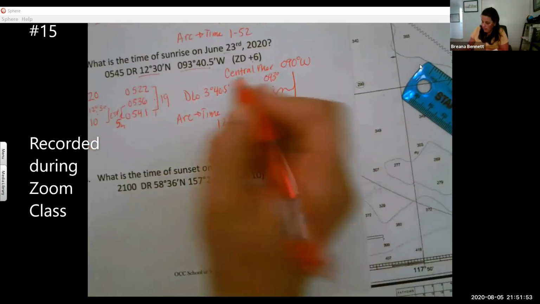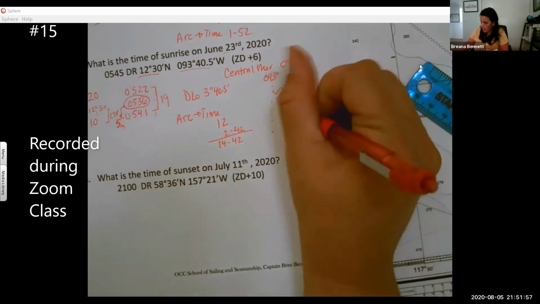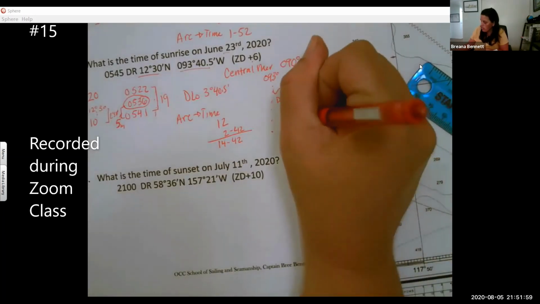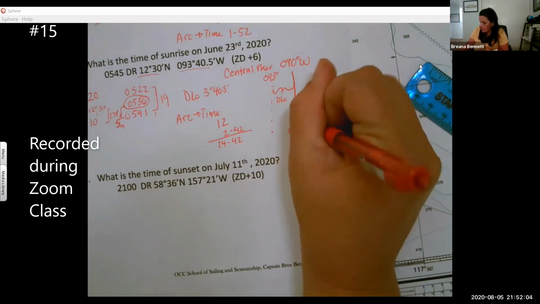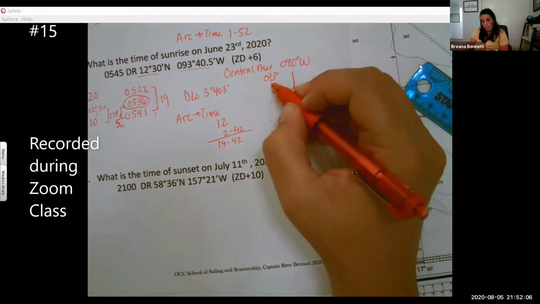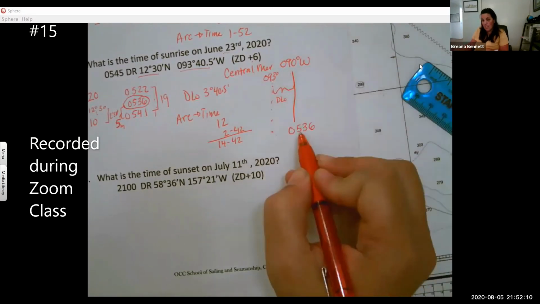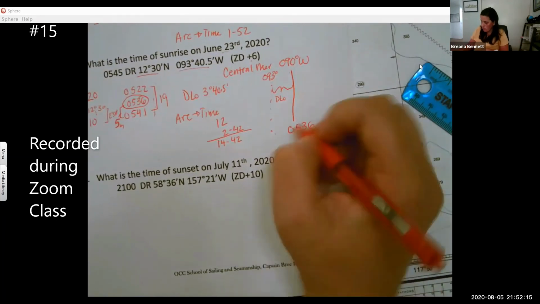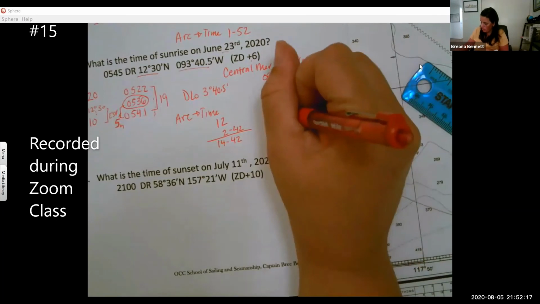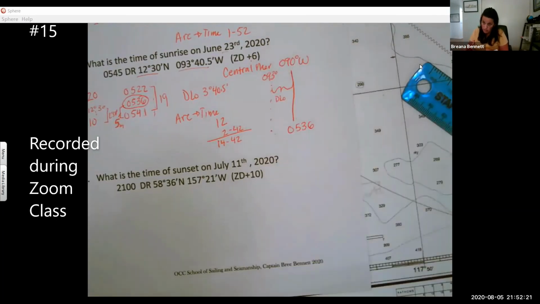Now we had this as our central meridian. So at 090, my sunrise was at 5:36. So at my meridian, it's going to happen later than that. So what are we going to round that to? I'm going to go with the lower number, so a little bit earlier. I like being earlier than later.